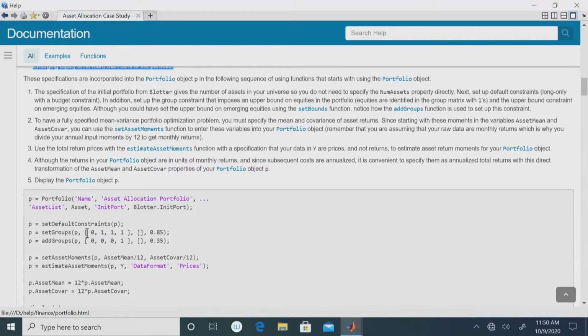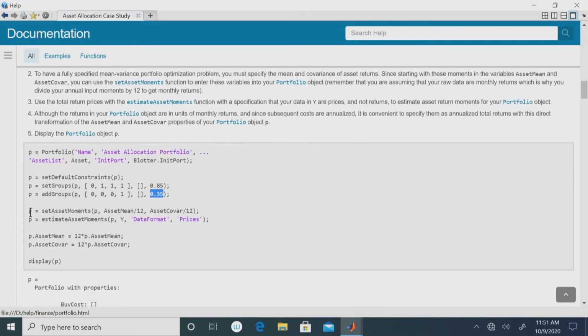Accordingly, you first set the group and identify it with 0, 1, 1, 1. These are identifiers of each individual asset class, where 0 means that the constraint does not have to be allocated to that class, and 1, 1, 1 means that the constraint has to be allocated for each of the 3 equity classes, and that constraint is set to a maximum of 85%. Then we refine this further with another constraint that only for the last asset class, namely emerging equities, the weight can be at most 0.35.